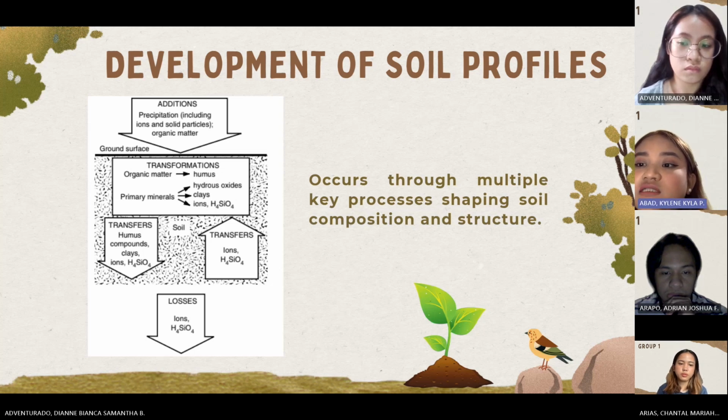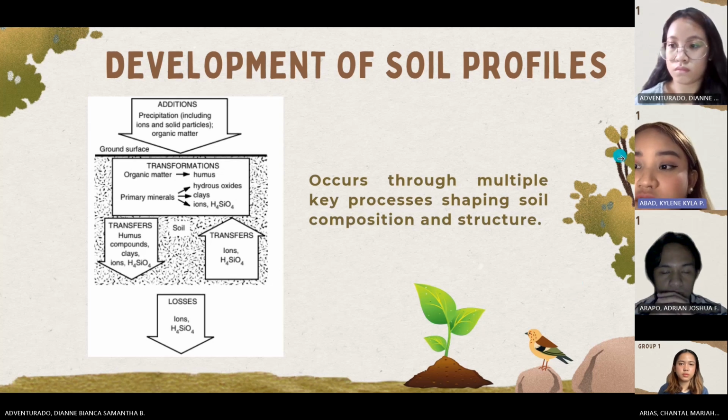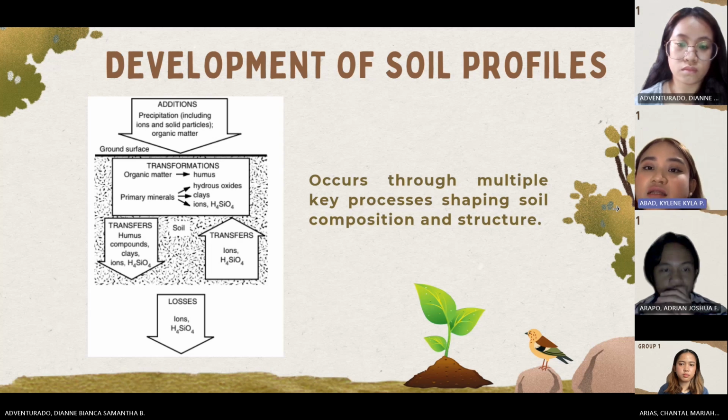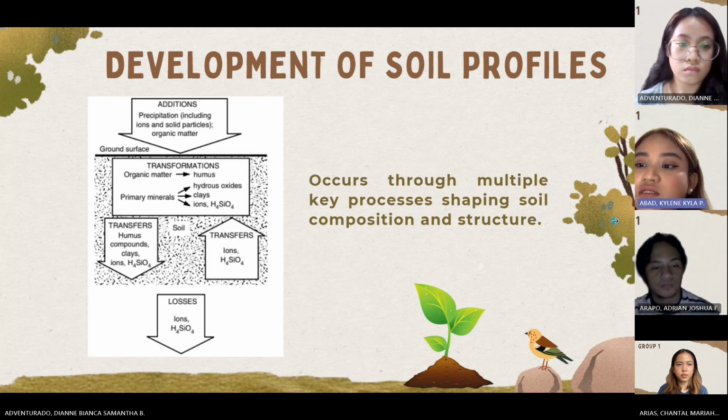For example, this diagram illustrates the processes of soil transformation and composition changes, including addition, transformation, transfers, and losses. First, additions: inputs such as precipitation, including ions and solid particles, and organic matter are added to the soil from the surface. Next, transformation: organic matter is transformed into humus, and primary minerals undergo changes to form clays, hydrous oxides, and ions like silicic acid.